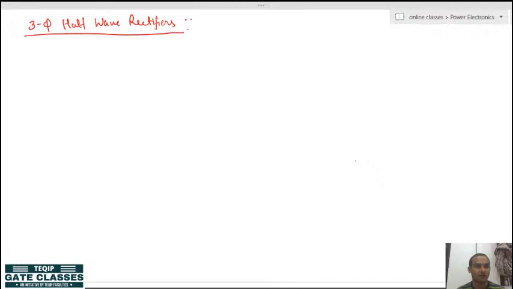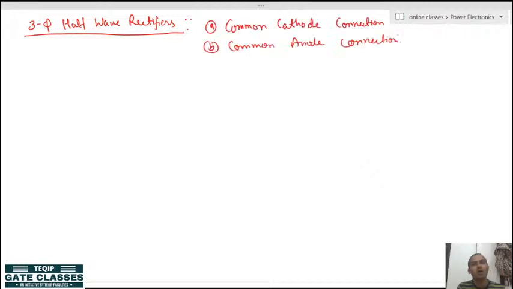When we talk about the three-phase half-wave rectifiers, we have got two types of connection. First is called common cathode connection, and another one is called common anode connection. So what is common cathode and common anode?